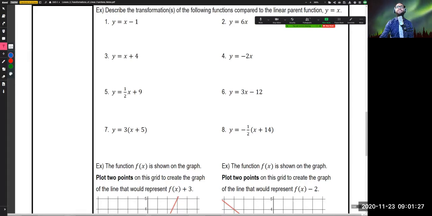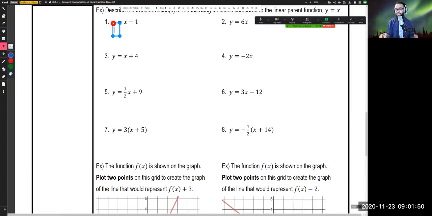All right. So let's look at number 1. We have y equals x minus 1. Anytime we still have that x with no coefficient, our slope is going to stay the same. It's going to be 1. And anytime our b is changed, we look at the sign to say whether it's being shifted up or down, and then we put that value. So up or down, however many units.